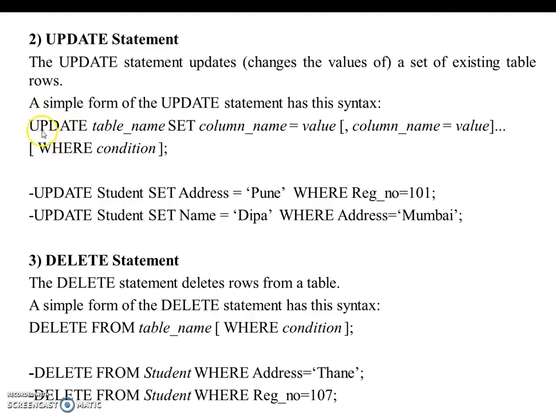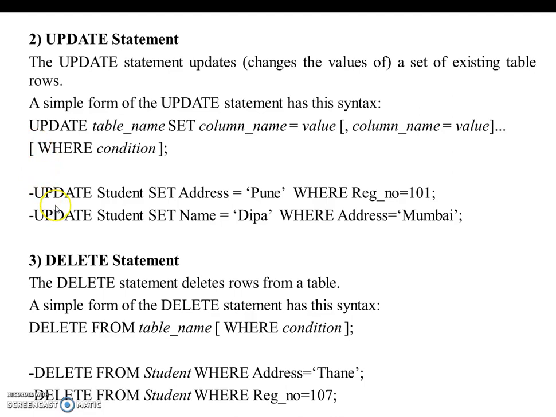The update statement can be written as update table name set column name equal to value. You can specify multiple column values, then the where condition. For an update statement you must know the keywords update and set, and the condition is important.